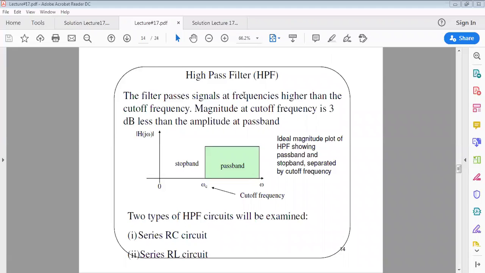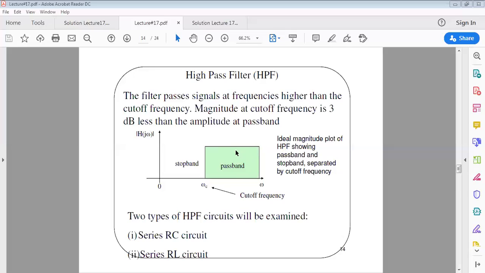For the high-pass filter, it's the other way around. It will cut frequencies lower than the cutoff and permit frequencies higher than the cutoff. This is the ideal magnitude plot for the high-pass filter: a stop band for frequencies lower than the cutoff, and a pass band for frequencies higher than the cutoff.